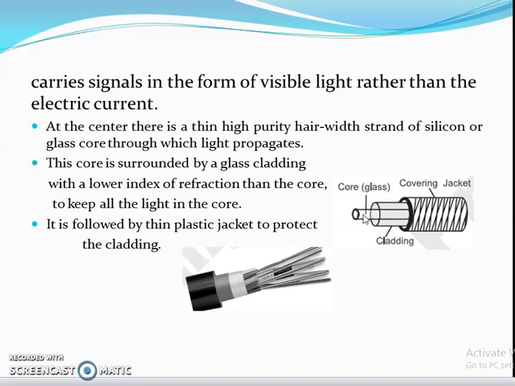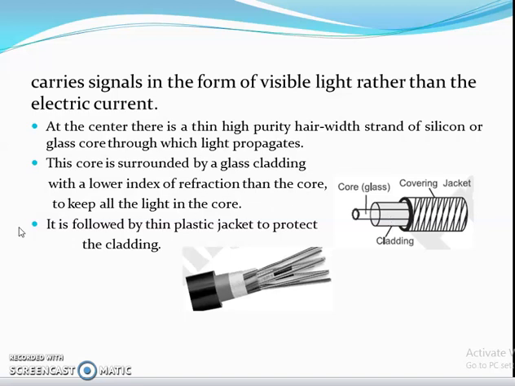It means the core is higher, denser, and the cladding is less dense as compared to the core. Although the materials for making up the core and cladding may be the same, their refractive indexes are different. Core is more dense and cladding is less dense as compared to the core.